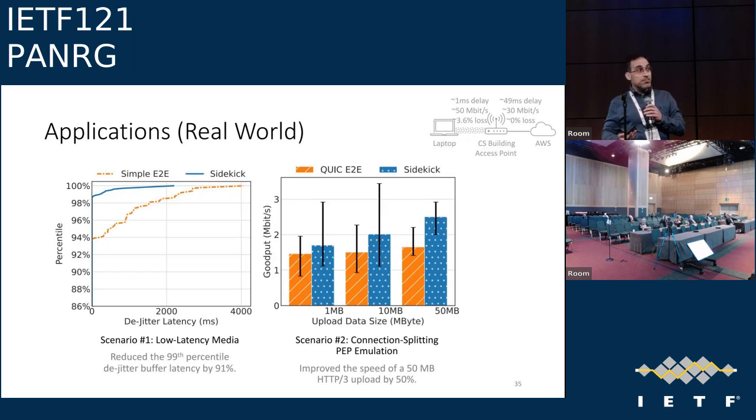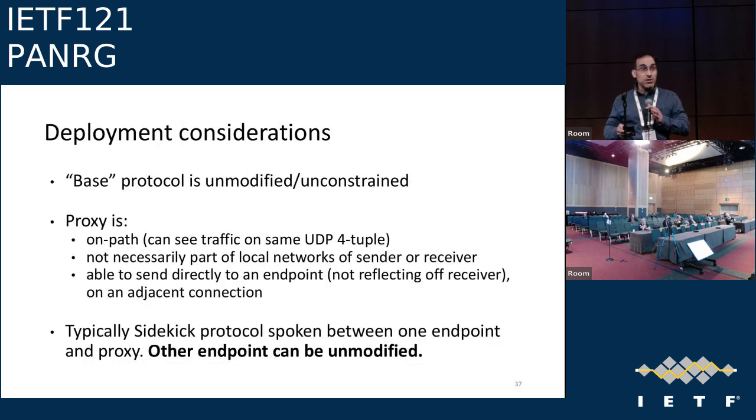Here's a real world experiment over an actual Wi-Fi network where there's still a performance benefit, but not as good as was seen in the emulated experiment. But still, there's definitely a significant benefit in some of these edge case networks, like a satellite network or a flaky Wi-Fi, the kinds of networks that providers don't necessarily provision for as well, by being able to emulate the performance of a split connection.